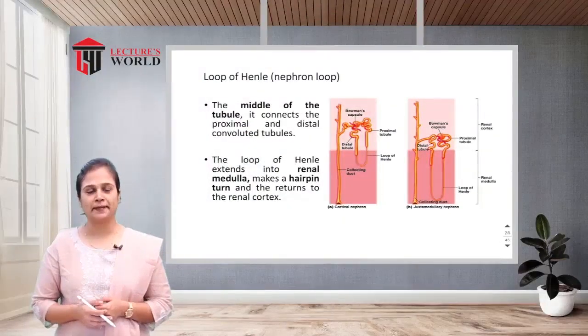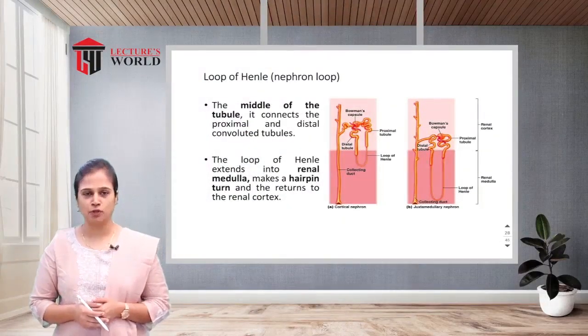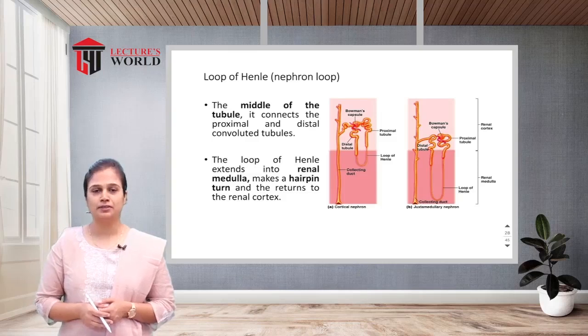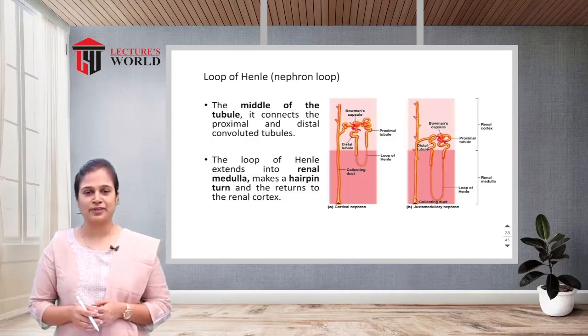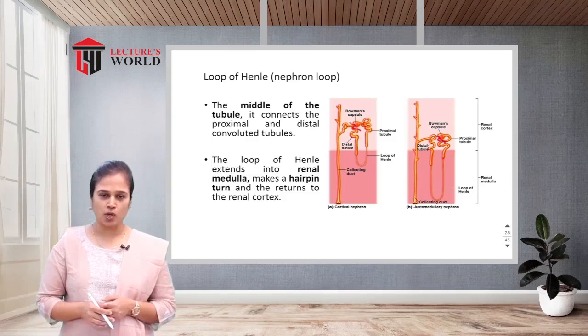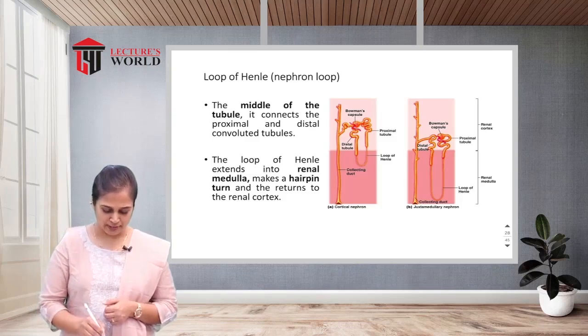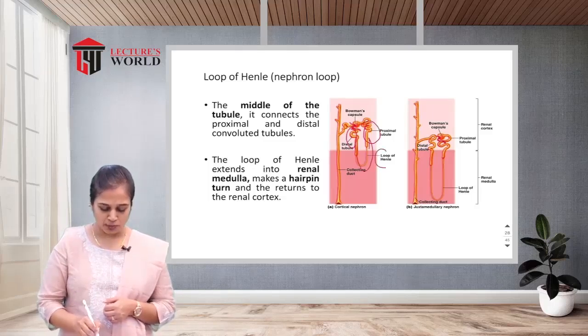Talking about the loop of Henle, it is also called the nephron loop. It is the middle of the tubule and connects the proximal and the distal convoluted tubule. So this one is the distal tubule and this one is the proximal tubule, and this is connected with the loop of Henle.